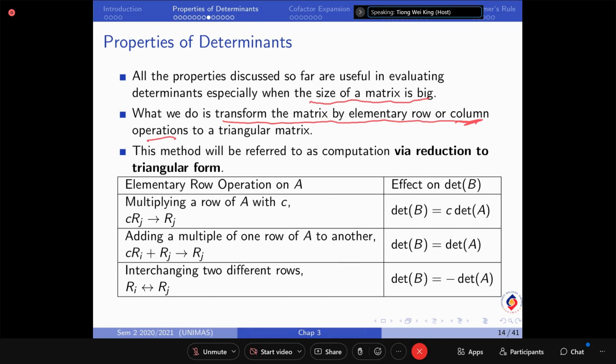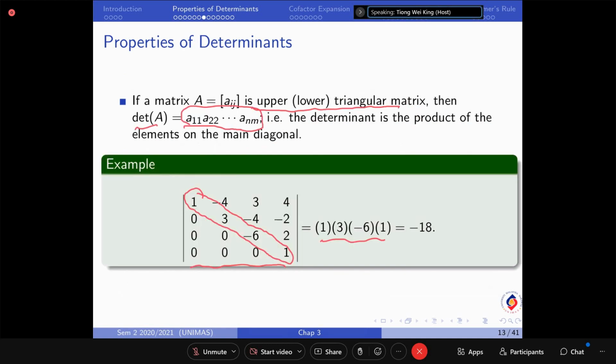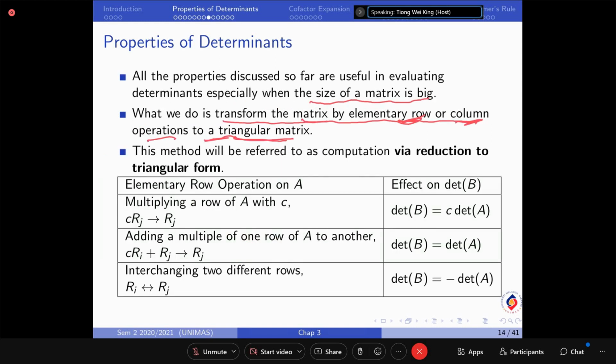Again, in our course, normally we just focus on row operations, to a triangular matrix. You transform a matrix into a triangular matrix. Then after that, you use this property to find the determinant. So that's why the triangular matrix is important here.